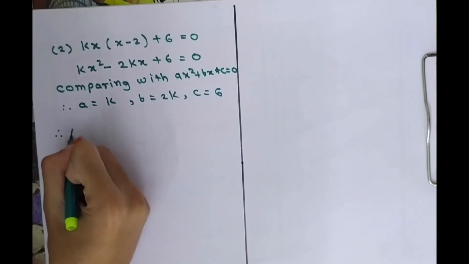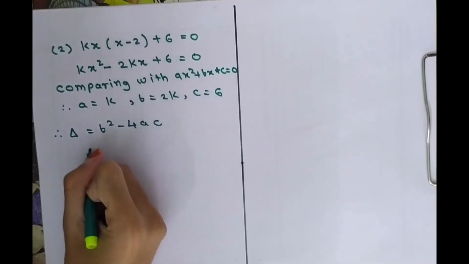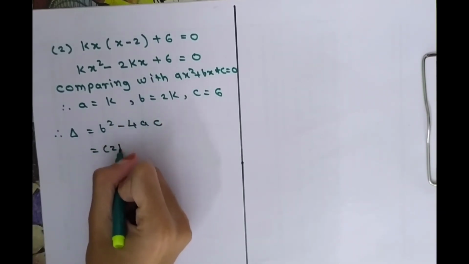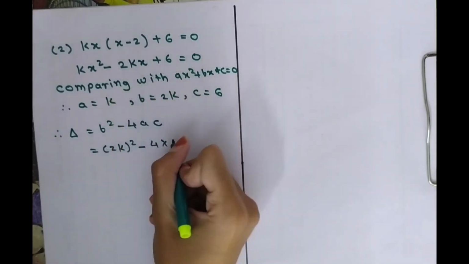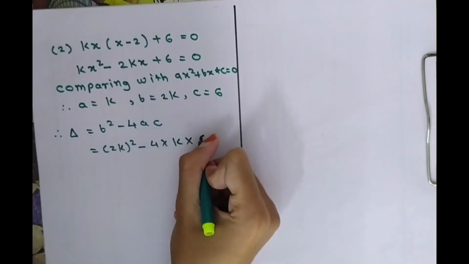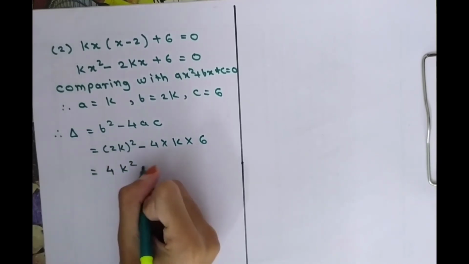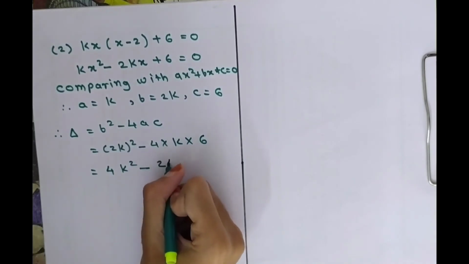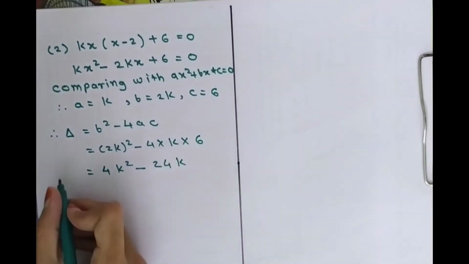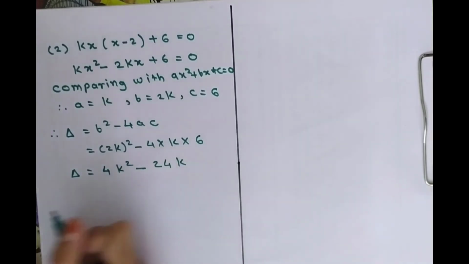Therefore, delta is equal to b square minus 4ac. Now, b square is 2k square, minus 4 multiplied by k multiplied by 6. So 4k square minus 24k. The value of delta is 4k square minus 24k.